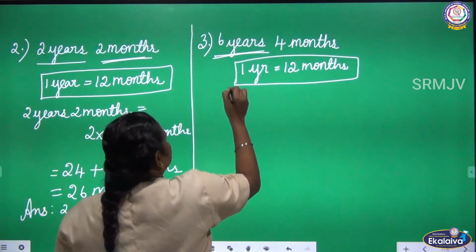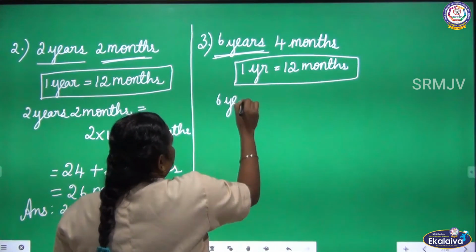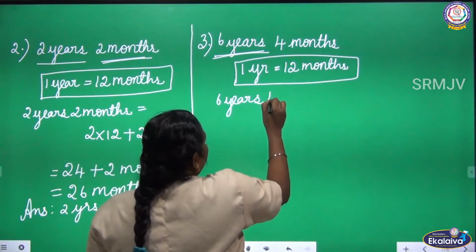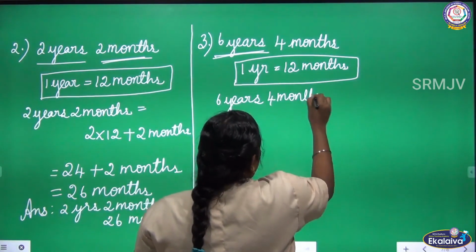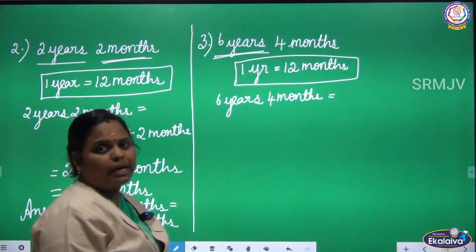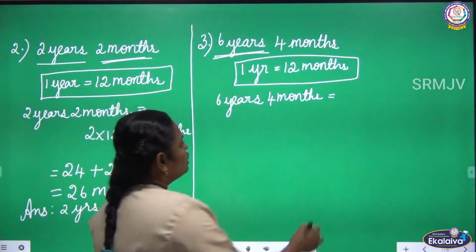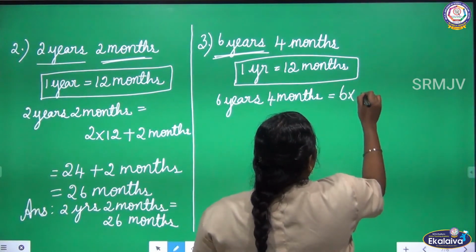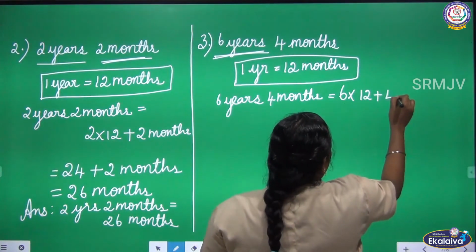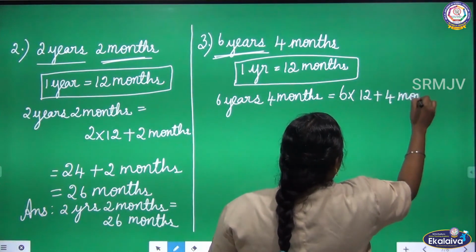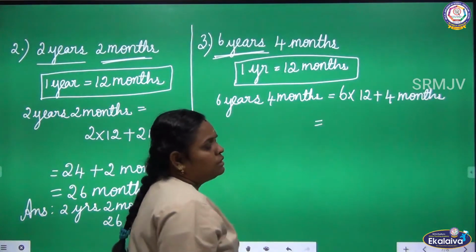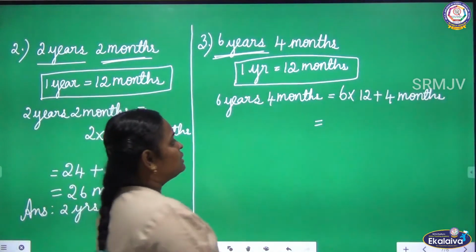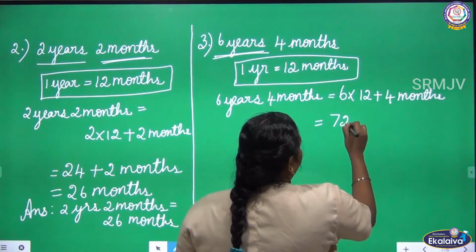So 6 years 4 months equal to, we are going to multiply 6 into 12 plus 4 months. Can you tell me 6 12s are? 6 12s are 72.